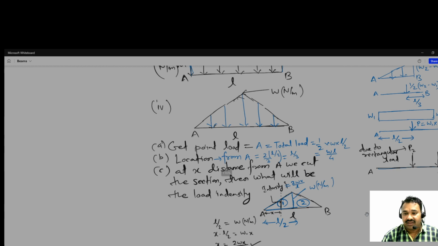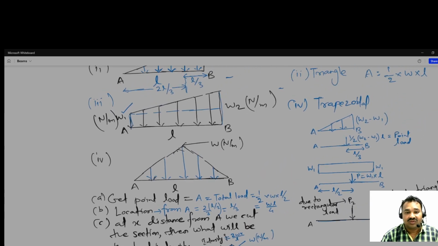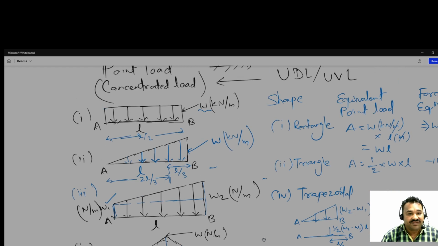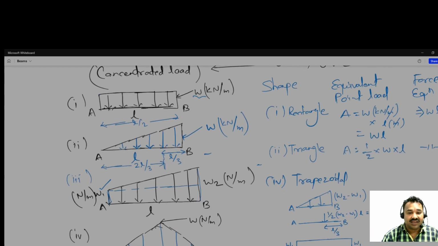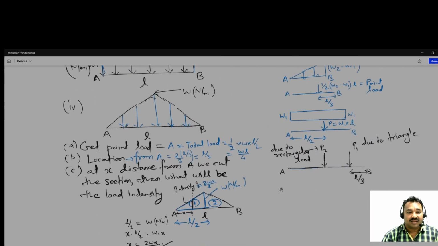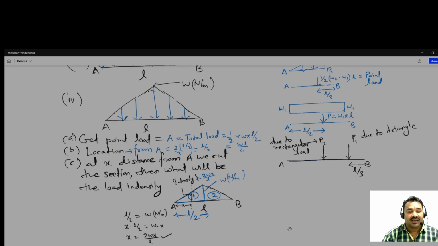So in this way, what have we done? We have converted either UDL or UVL into point loads for the different shapes of loading, like rectangular, triangle, trapezoidal, and the symmetric triangle, and how to gauge the load intensity if you cut the section anywhere. In the fourth case we know the maximum height is W, but what is the intensity here?